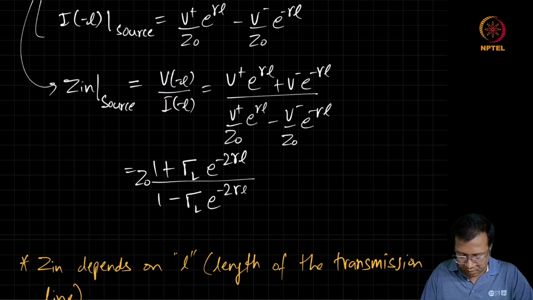The second case is, can we do something about this term, gamma L? If this capital gamma L becomes 0, then the input impedance is independent of the length of the line.